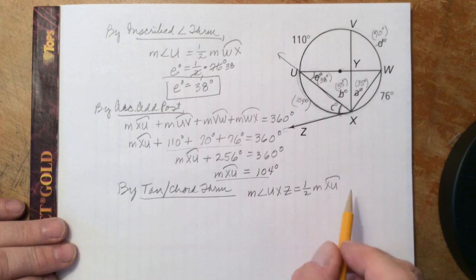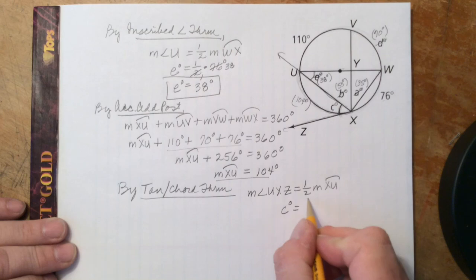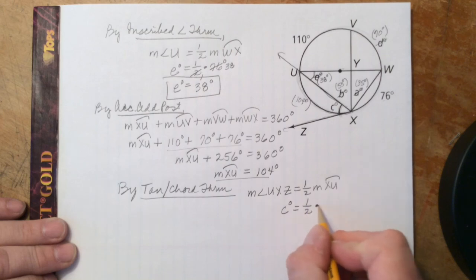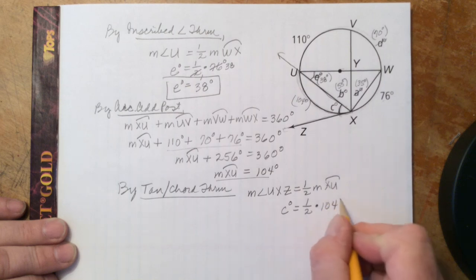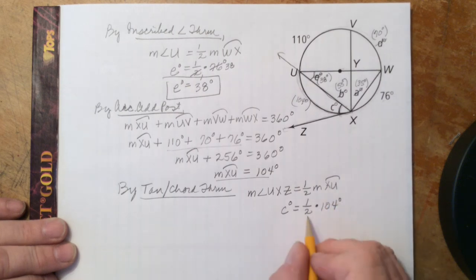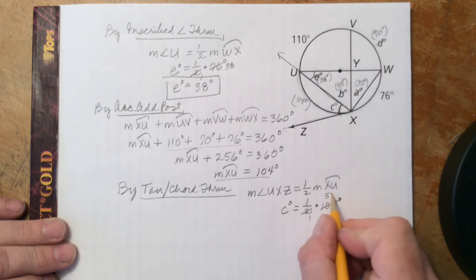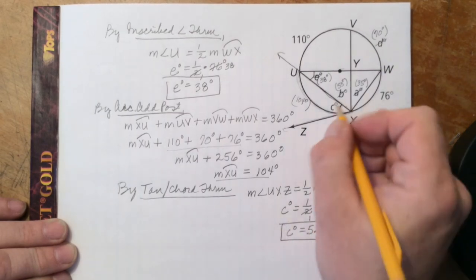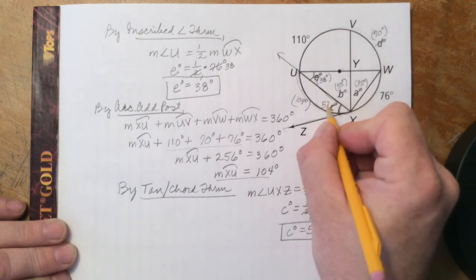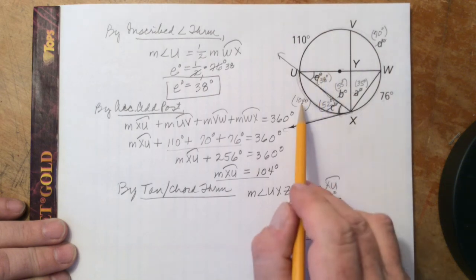Substituting in what we know, the measure of angle UXC is C degrees equals 1/2 times the measure of XU, which we found a while ago to be 104 degrees. Half of 104, or 2 goes into 2 once, 2 goes into 104, 52 times. And so C degrees is equal to 52 degrees. We come over here, cross out C, and write 52 degrees. And we have now found every single variable that they asked us to find.